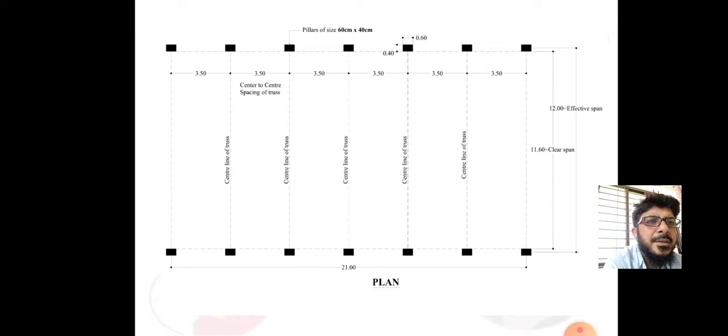We will find trusses supported on end pillars or columns, and trusses are spaced, in this example, 3.5 meter apart, and at the ends we will find the gable walls. So we will find trusses only in between the gable walls. This is the sample plan of the shed, and this dotted line is the central line of the truss; these are the trusses which are spaced 3.5 meter.